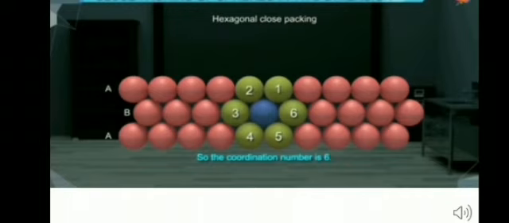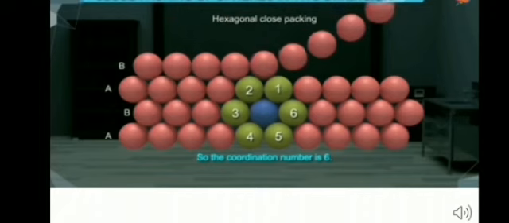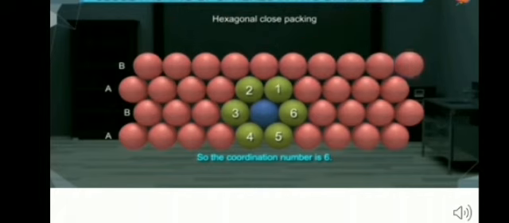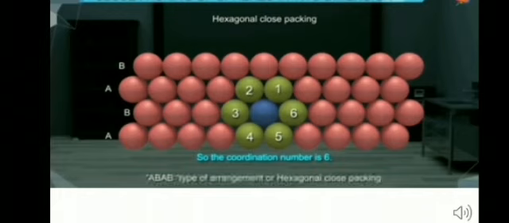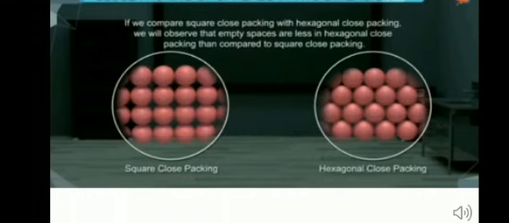Similarly, on placing the fourth row of spheres, we can see that the fourth row is in alignment with the second row of spheres, so it will be called as B type. This type of arrangement is called AB type of arrangement or hexagonal close packing.